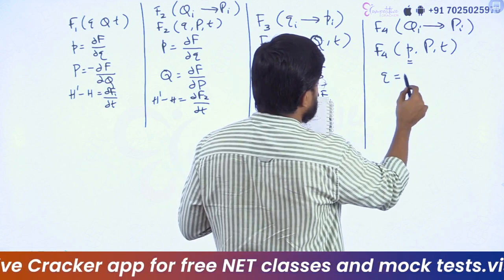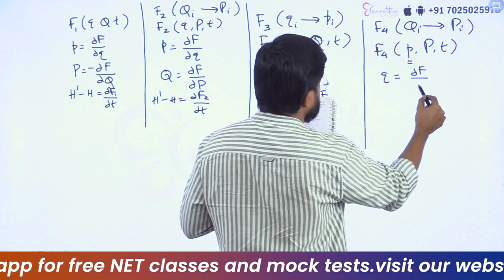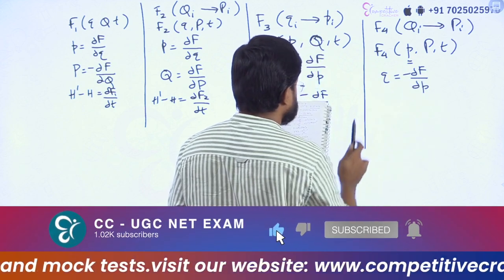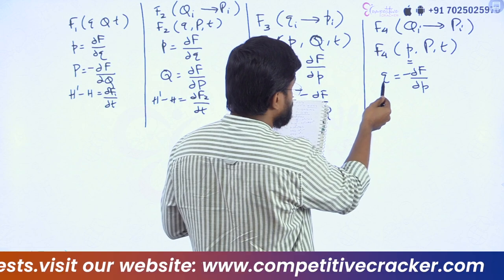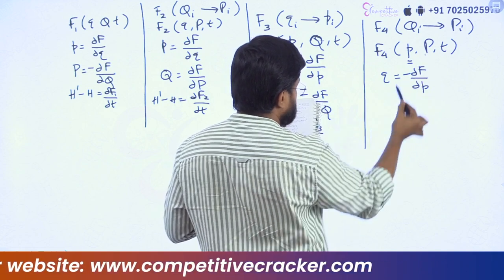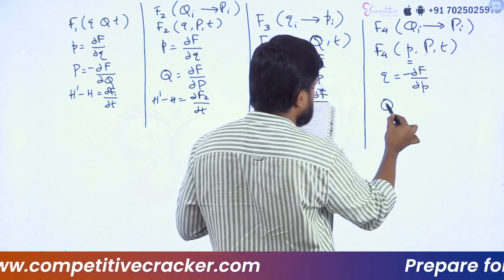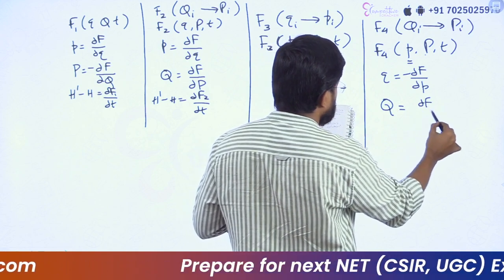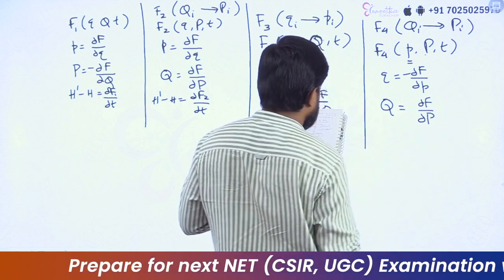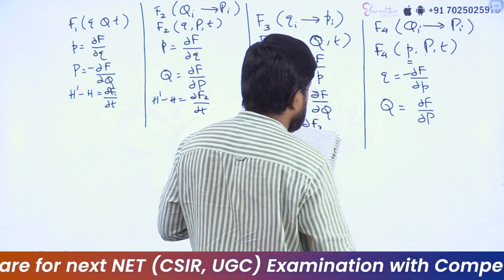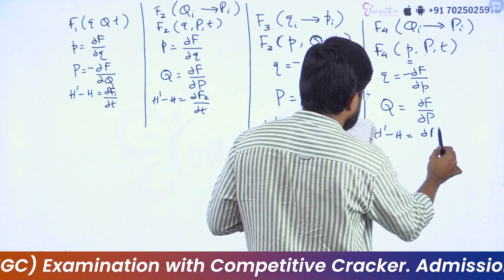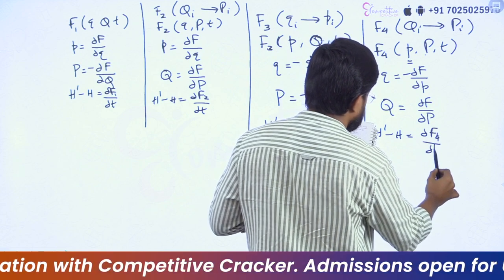What is absent? Small q. It is ∂F by ∂present with a negative because of small q. And what is present? Capital P. What is absent? Capital Q. What is capital Q? It is ∂F by ∂present. And here also H' minus H is equal to ∂F by ∂t.